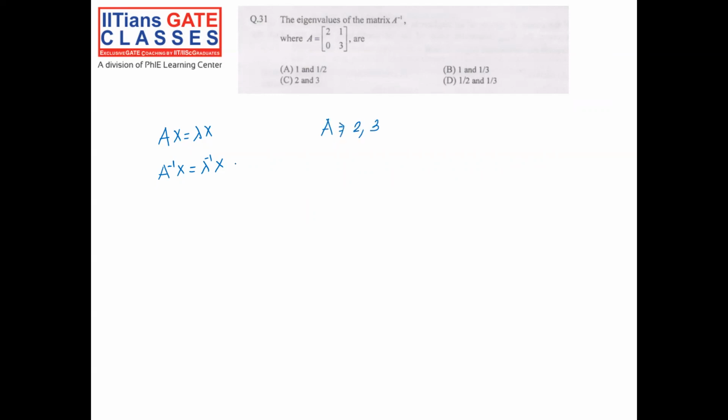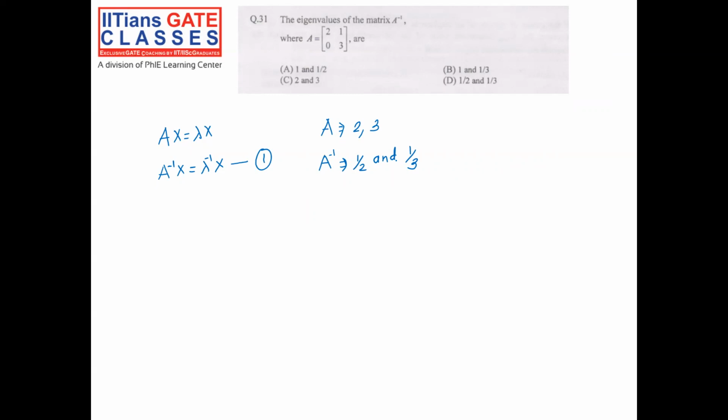So using equation number 1, we can say that eigenvalues of A inverse would be 1 by 2 and 1 by 3. Okay, so this is the property you should know, and it will save a lot of time, and we can solve this question easily.